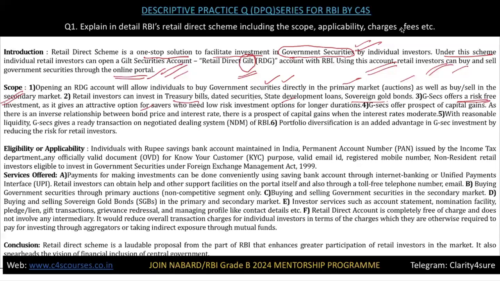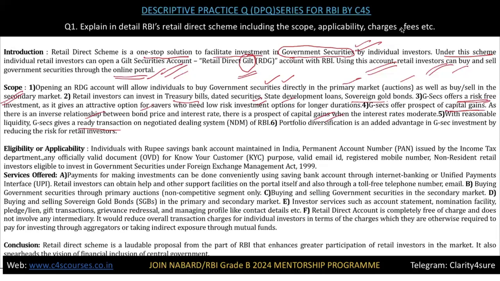Now comes the next point, which talks about capital gains. As we know, there is an inverse relationship between bond price and interest rate, so there is a prospect of capital gains when we invest in G-Secs. The next point is all about transactions.